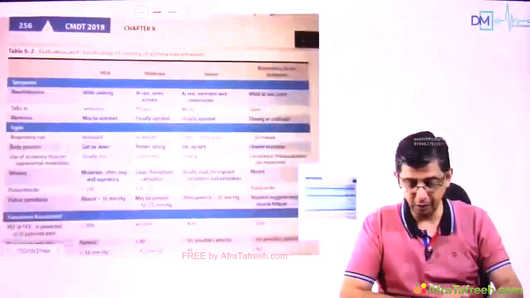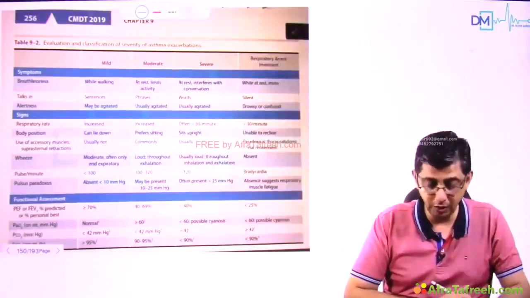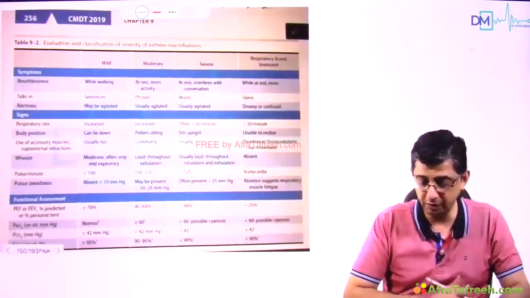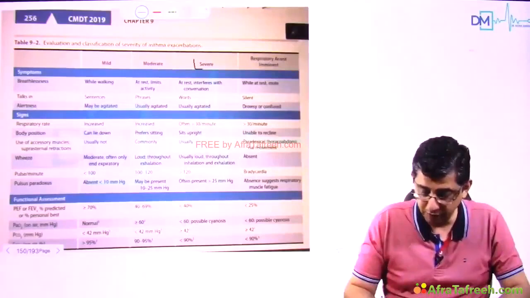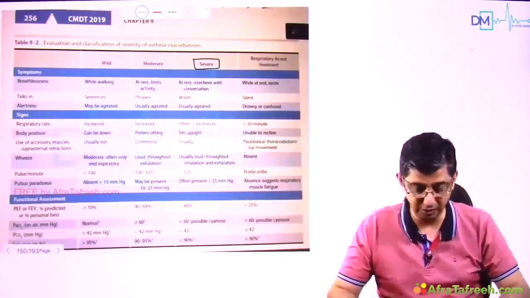As far as the severity of asthma exacerbations are concerned, I'm now talking about acute asthma exacerbation versus severe acute asthma. So what is severe acute asthma? That will prompt you to hospitalize the patient and start him on nebulization.